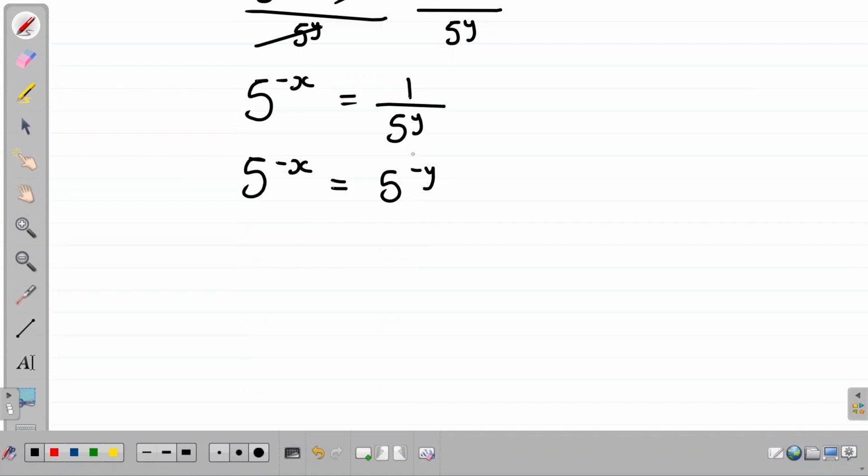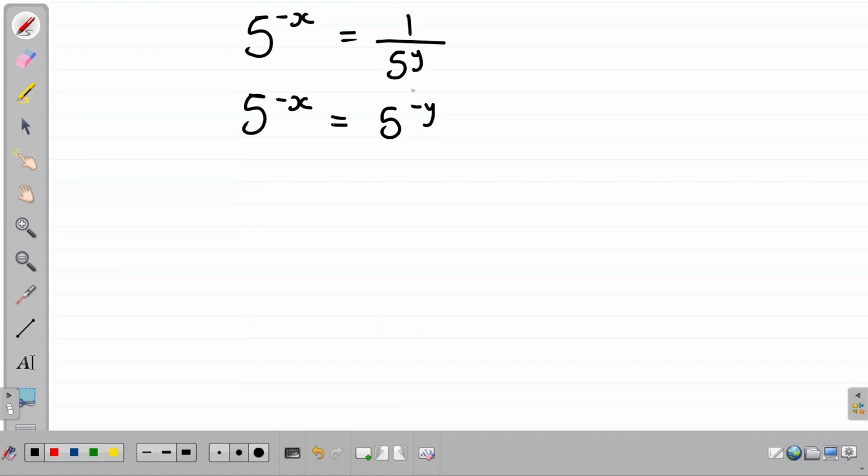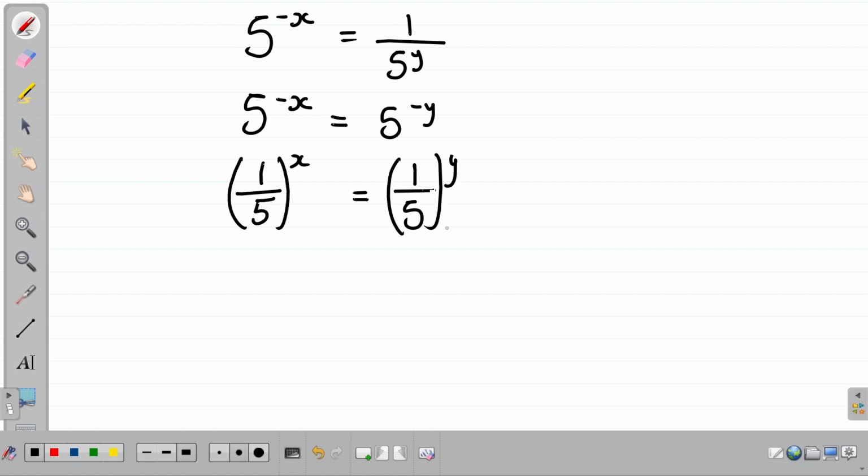Thus, the equation now becomes 1 divided by 5, all raised to the power of x, equal to 1 divided by 5, all raised to the power of y. Now since the bases are the same, it is true that x is equal to y.